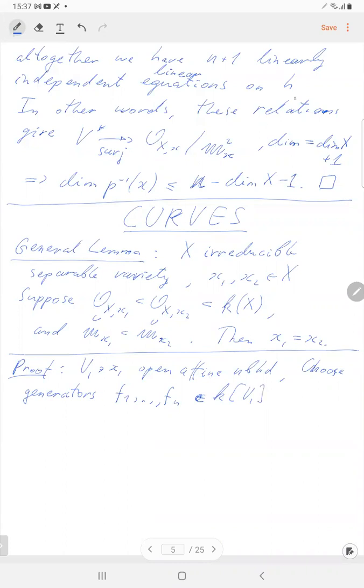And well, we know that they are regular at x1, so they lie in the local ring of x1, and by our stupid assumption, they also lie in the local ring of x2, so they are regular at x2.